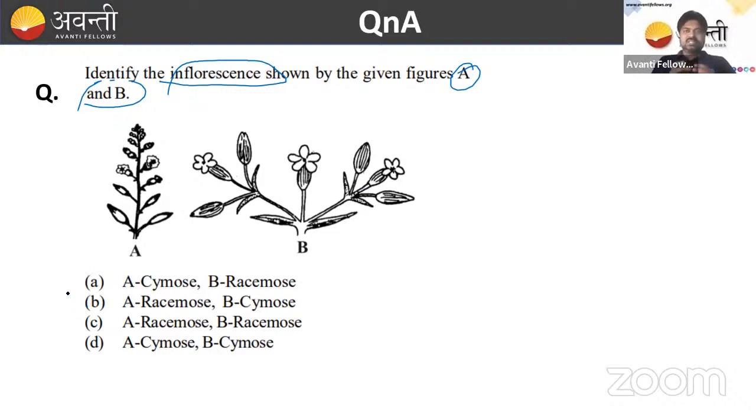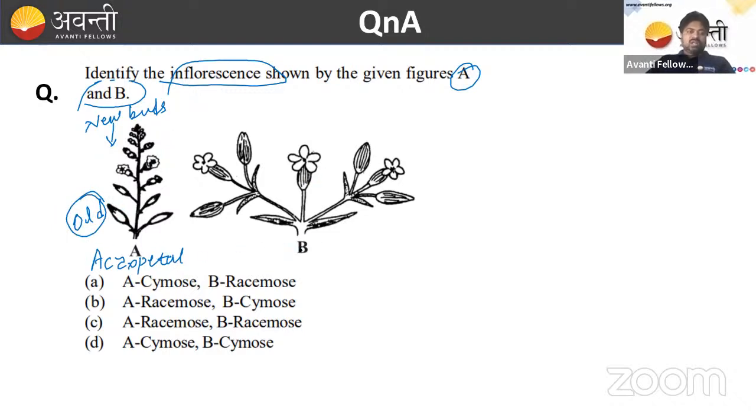Inflorescence is a bunch of flowers. There are two types: first is racemose, next is cymose. The racemose condition is the acropetal condition, where the upper part has new buds or new flowers, and the base part has old buds. So this is the acropetal condition.